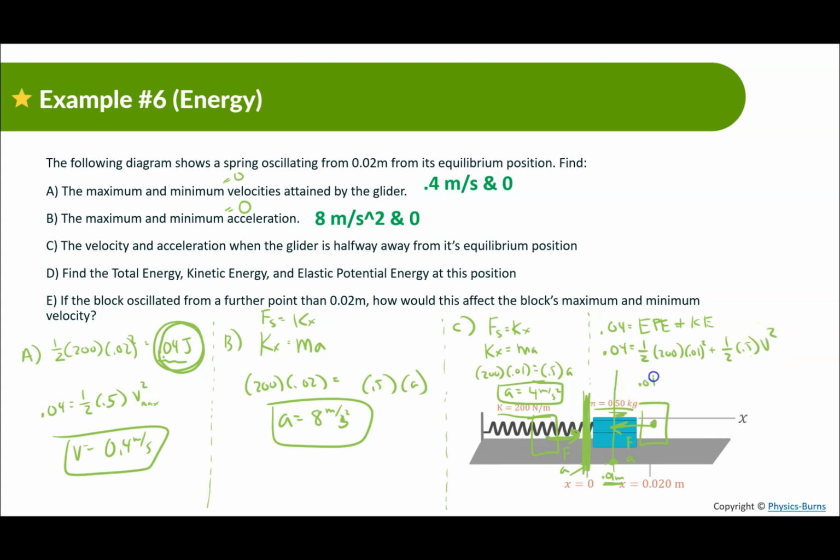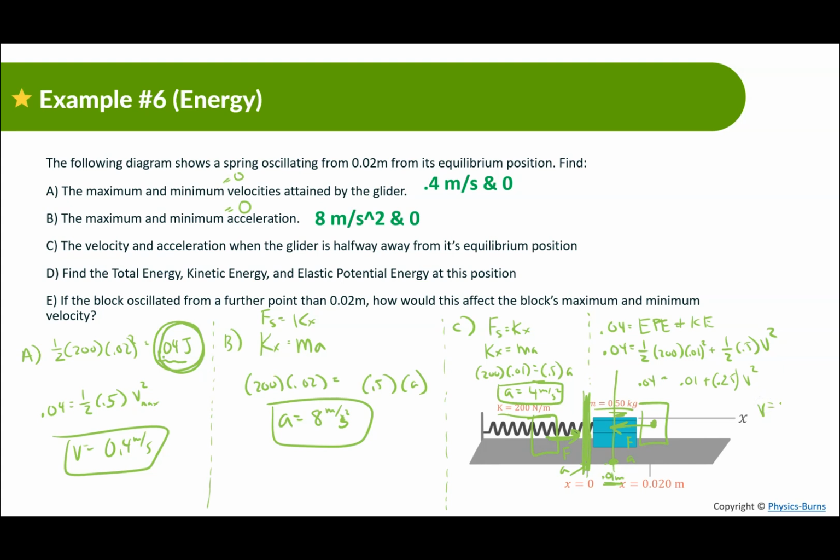Okay, let's simplify this a little bit. 0.04 is equal to 0.01 squared times 100, so this is 0.01, plus 0.25 v squared. And then let's find v.